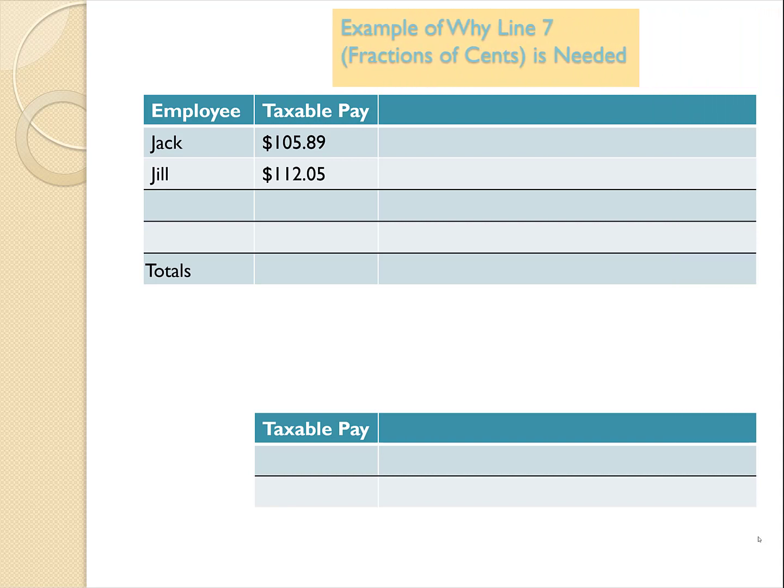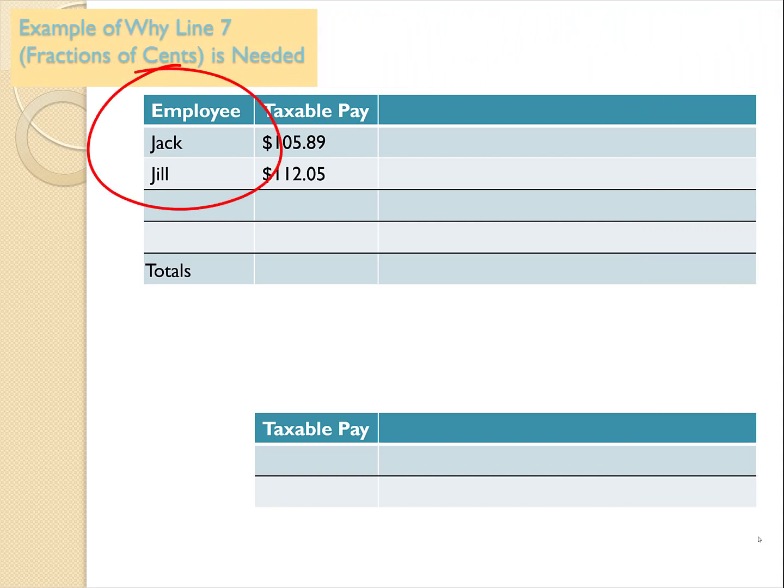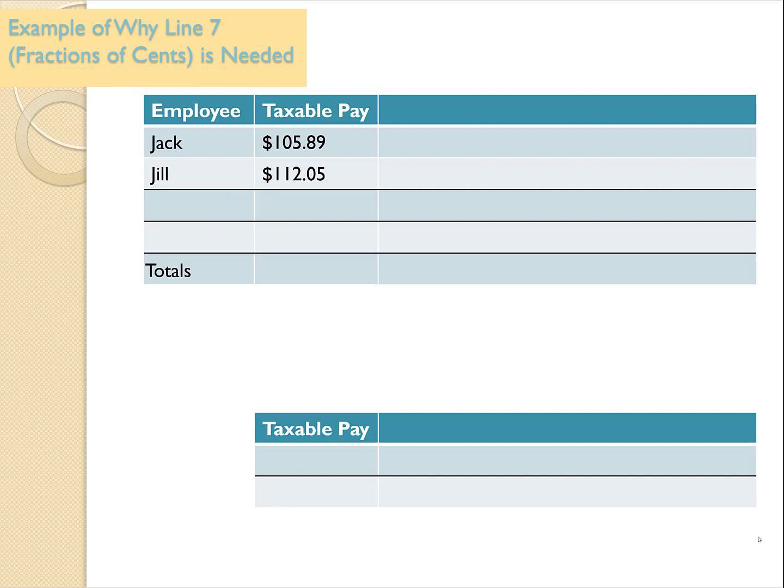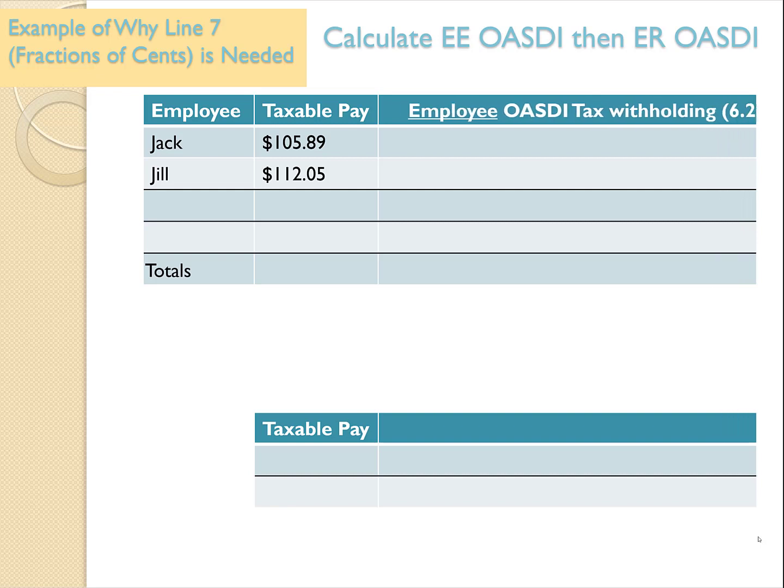So in this scenario, we've got two employees, Jack and Jill. And the purpose of the slide, again, is to give you an example of why line 7, which is fractions of cents, is needed on the Form 941. So our first task is we're going to calculate the employee OSTI and then the employer OSTI.